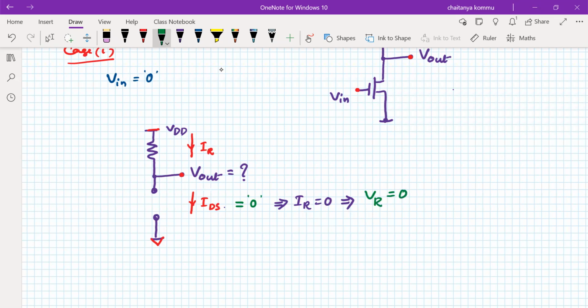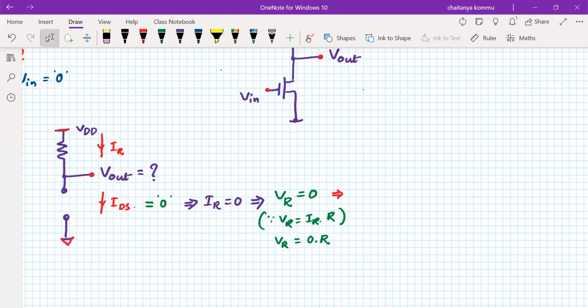Why is it so? Since VR is equal to IR into R. Because IR is equal to 0, what is VR? VR becomes 0, right? The voltage drop is equal to 0. So if the voltage drop is equal to 0, what do you mean by this?